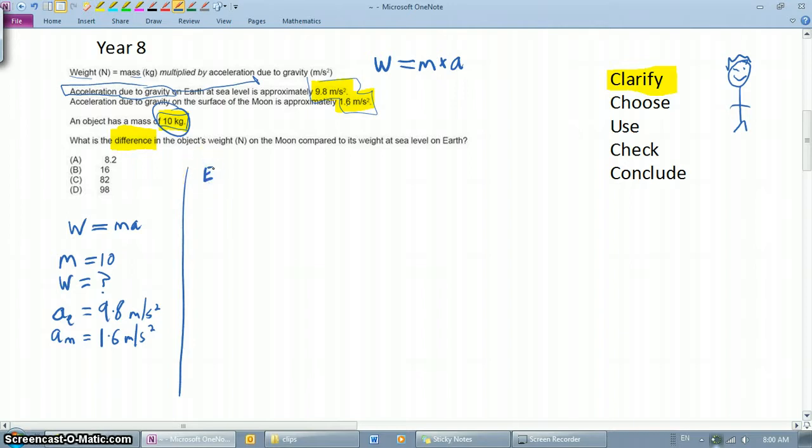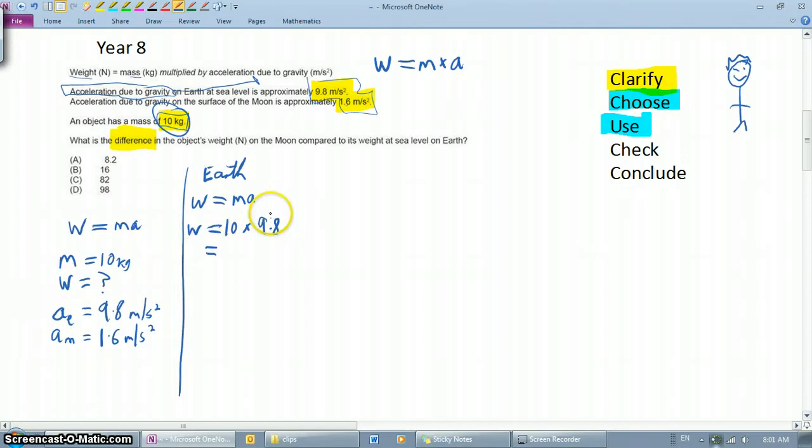Choosing a strategy: we can do simple mathematics. We have translated it into maths and we're just going to substitute into an equation. Using is the bit I'm up to now. Earth. Write my formula, because that's what I always do as a good mathematician or scientist. Substitute: W equals m times a, becomes 10 times the acceleration due to gravity on Earth, 9.8.